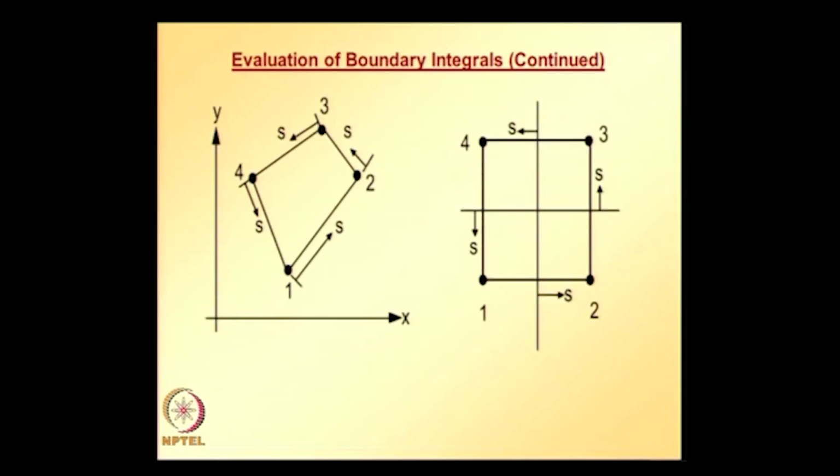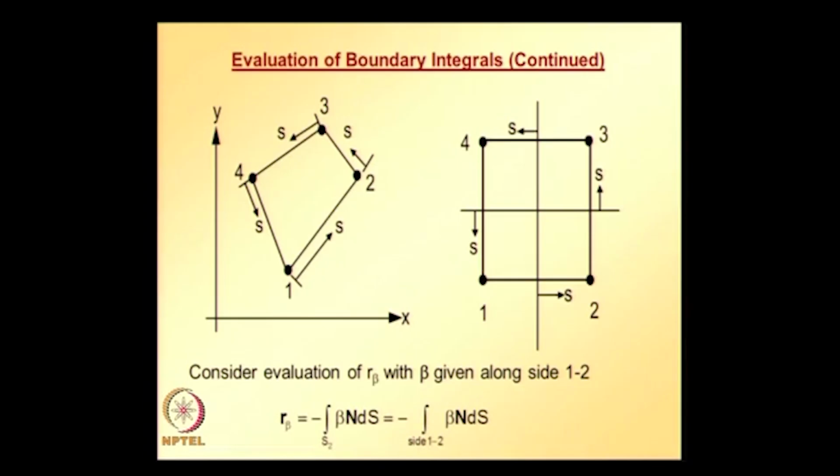So, we need to evaluate this. Consider evaluation of R beta with beta given along side 1 2. So, beta value assume that is given. We need to evaluate R beta along each of these boundaries.